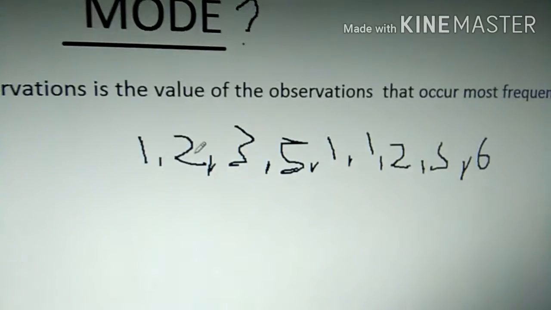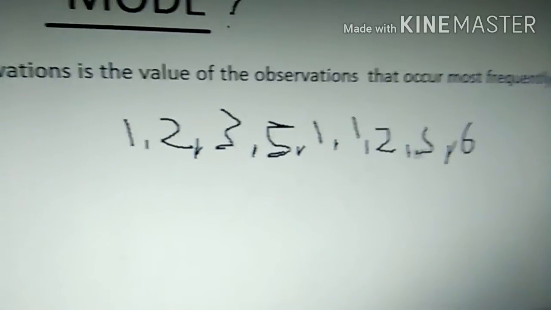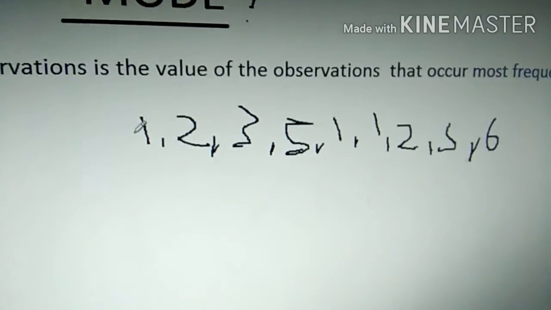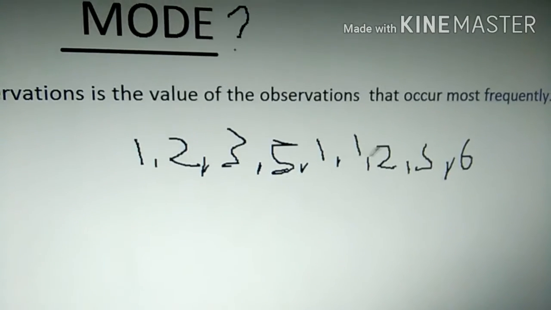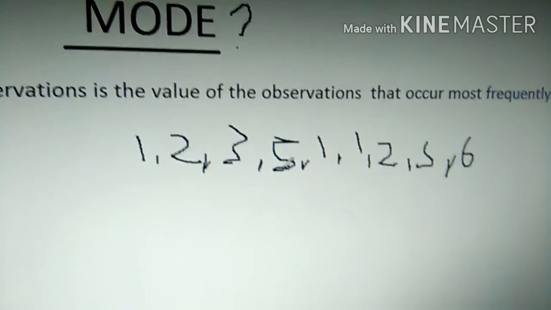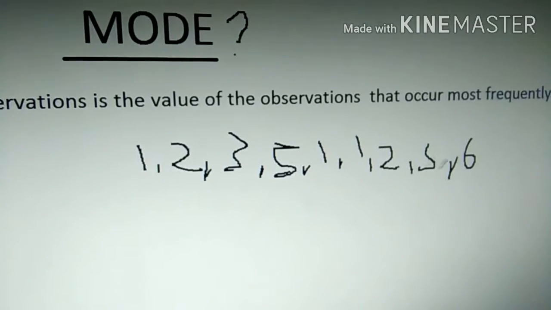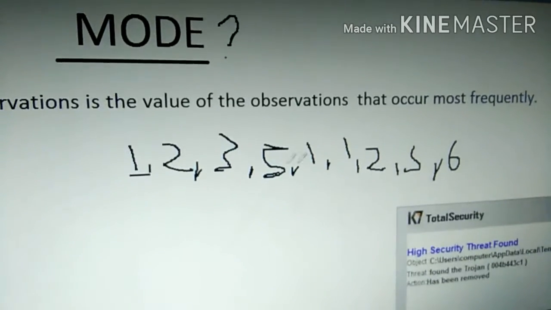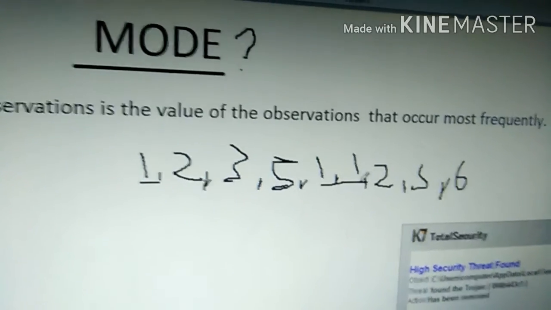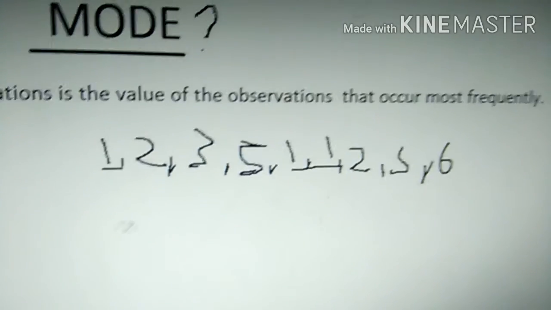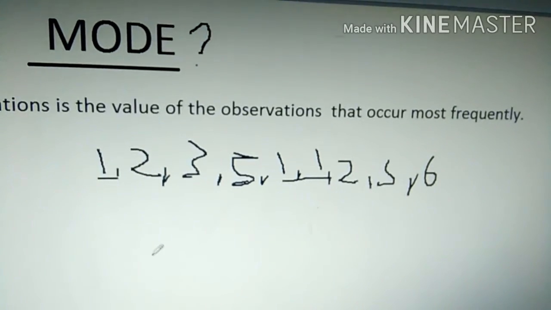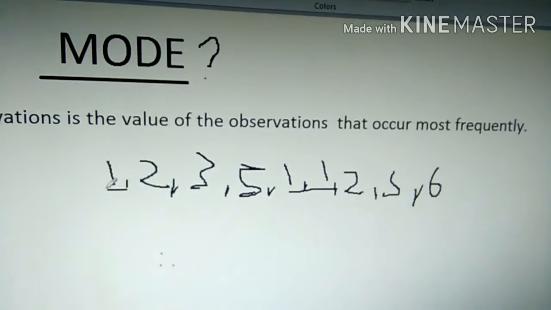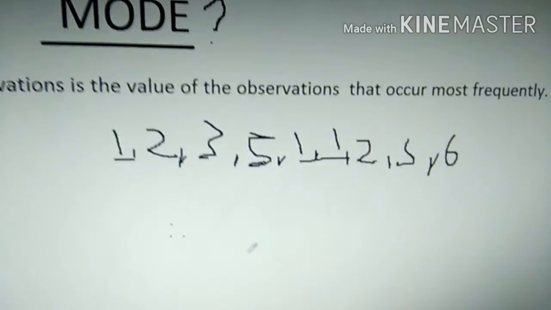Now, in these, which occurs frequently? 2 occurs 2 times, 3 occurs 1 time, 5 occurs 2 times, 6 occurs 1 time, but 1 occurs 3 times. So in these given values, the mode is 1.